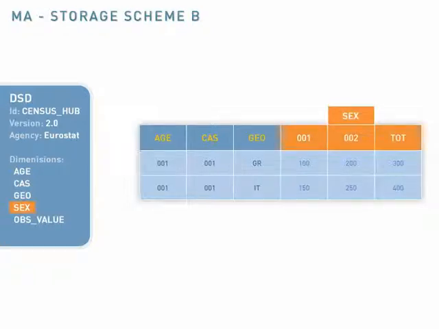To visualize, the codes of the sex dimension are put as local table columns. This is usually met for a DSD with cross-sectional data representation, where multiple measures are gathered in a measure dimension.